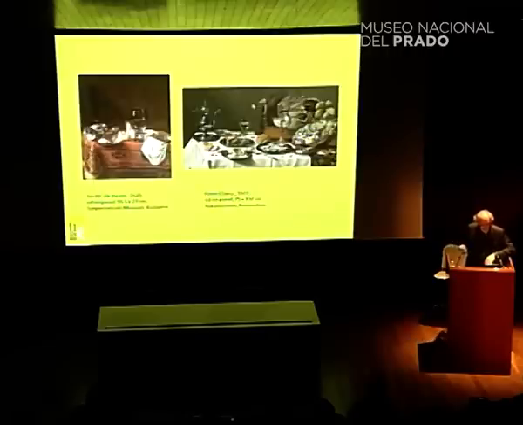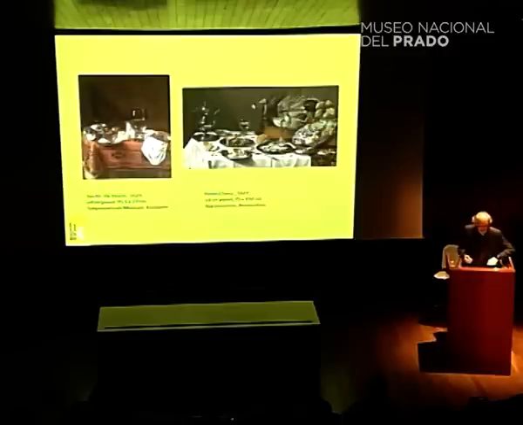Here's another example of an early table still life by de Heem from 1629, now in the museum in Budapest, next to a wonderful painting by Peter Claes, which is in the Rijksmuseum in Amsterdam. And you can see that, again, there are differences, but there's also a lot of similarity.